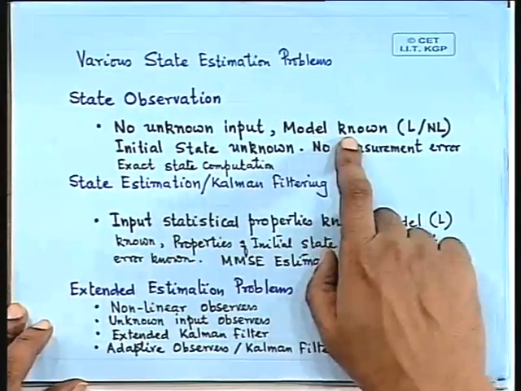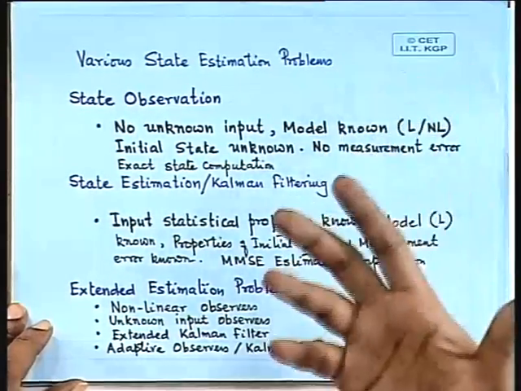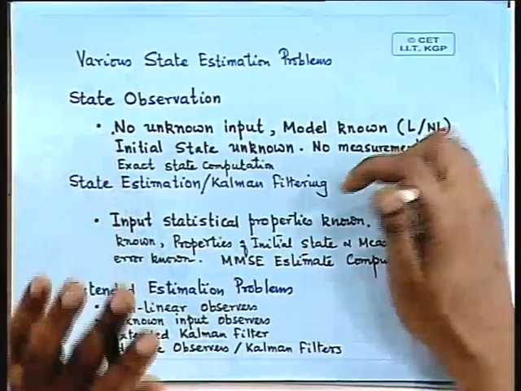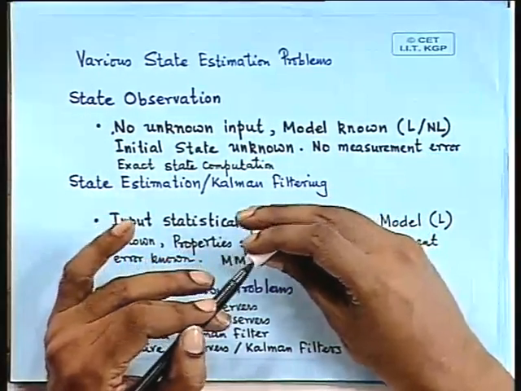Now what is the model? The model is the simplest model, that is x(k+1) = A x(k) + B u(k) kind of model, or x dot = A x + B u. Now in that, the second assumption is that the input is known. So we are assuming that the total input vector u is known. In general, a system has two kinds of inputs. One kind is called the control input. These things are known, which is actually applied.